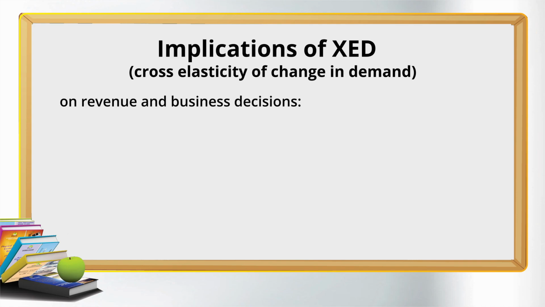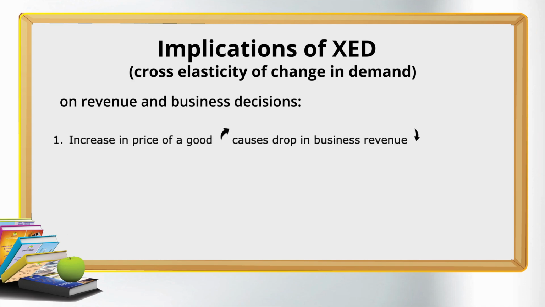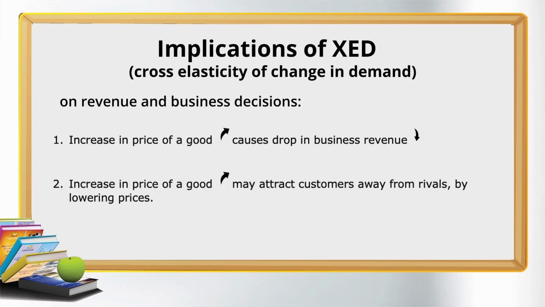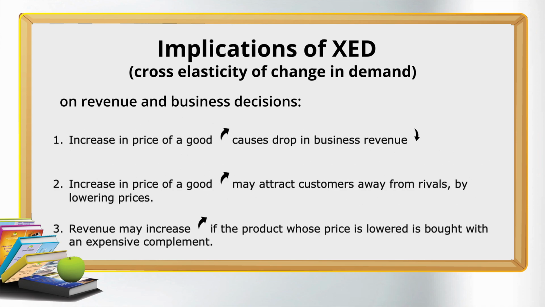The implications of cross-elasticity of demand on revenue and business decisions can be summarized into three factors. 1. The increase in price of a good may cause a fall in revenue for the business because consumers automatically switch to the close substitute. 2. However, the price increase of one product may actually be able to attract customers away from rivals by lowering prices. 3.